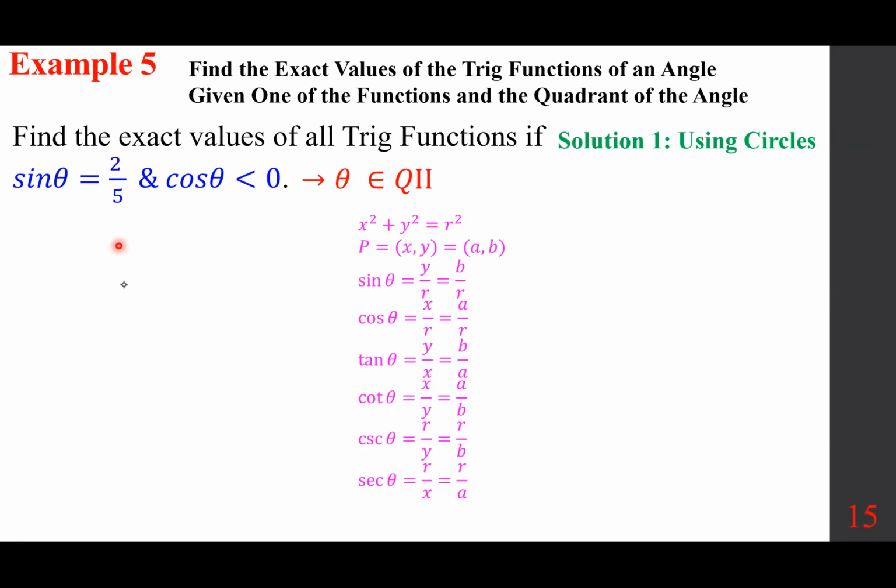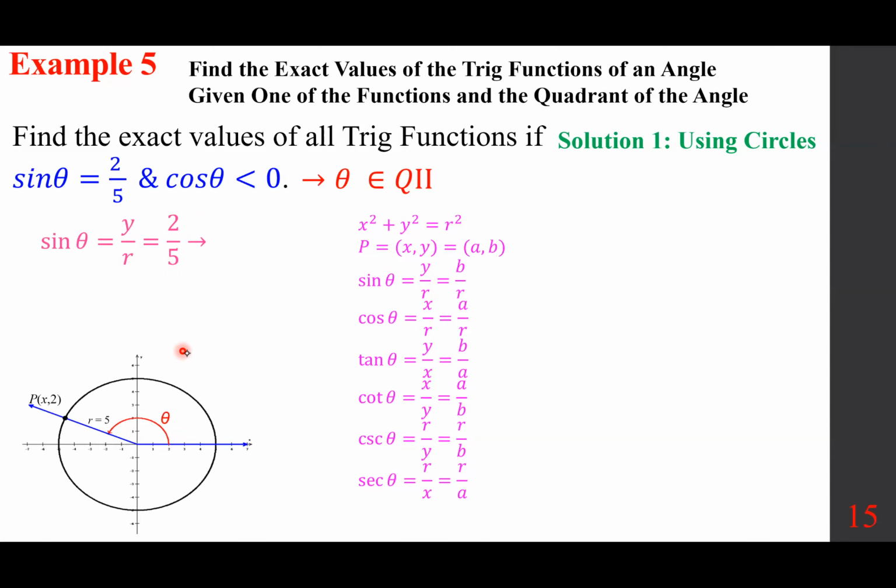Since sine is 2 over 5, and if we want to go with y over r, that means we can assume y is 2, r is 5, and we can find x. Now remember, sine is in essence the y coordinate, and in the second quadrant, it is x that is negative. So we have to figure out the x, and we have to pay attention to the quadrant and give them the proper signage.